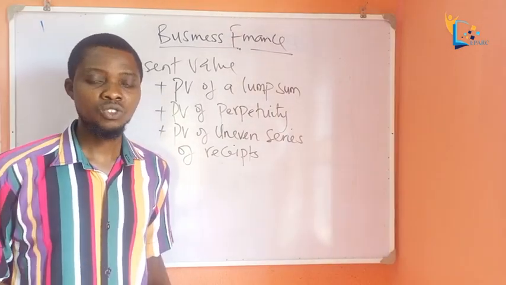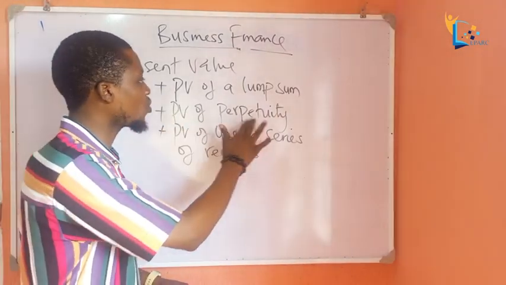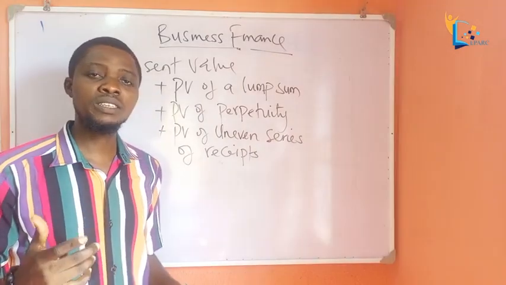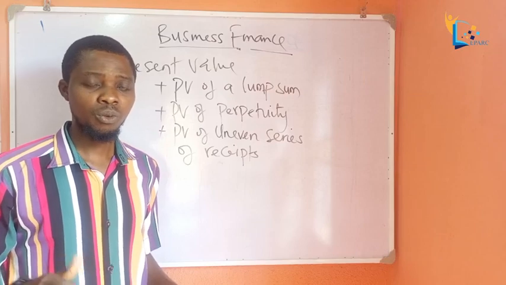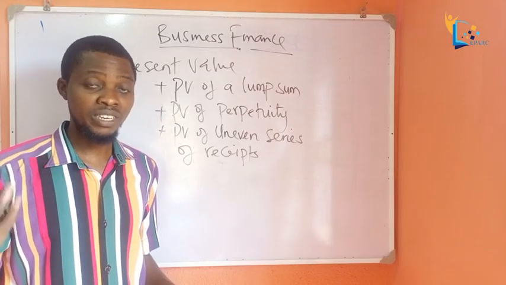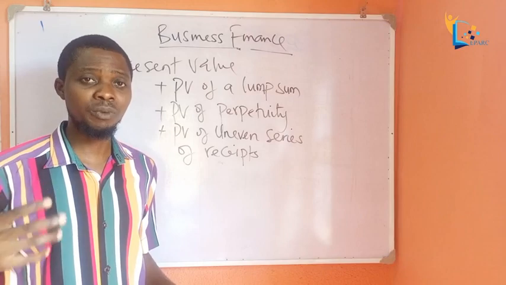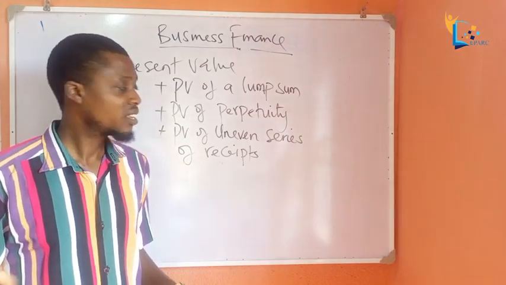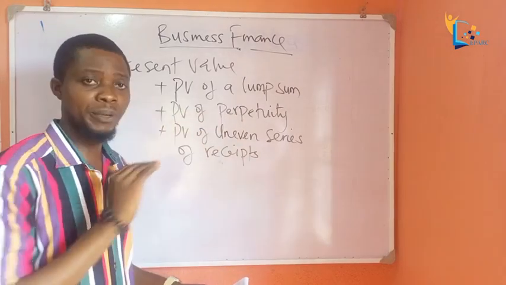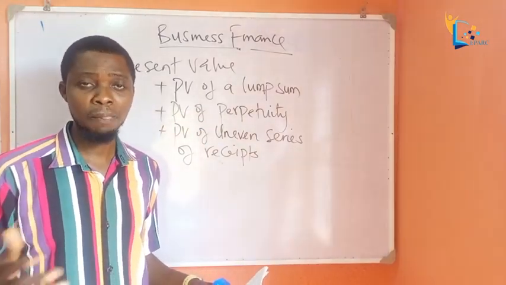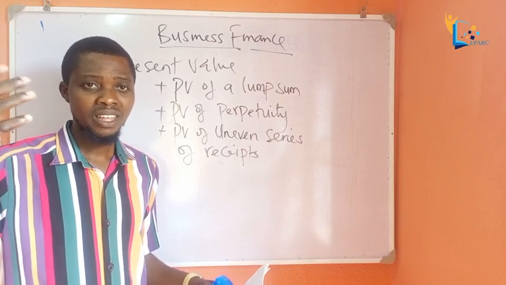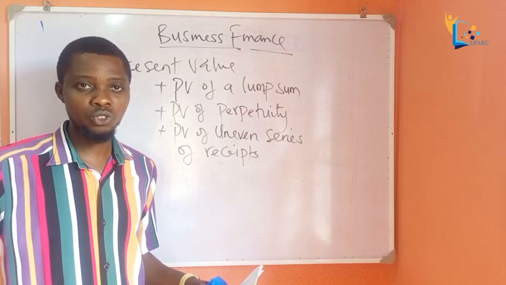Are you with me? So now, when we say present value of perpetuity, when an annuity is expected to occur indefinitely, meaning infinite, it's simply known as perpetuity. From the English term, perpetuity, you know what we mean. It simply means something that is unending in the future, okay?